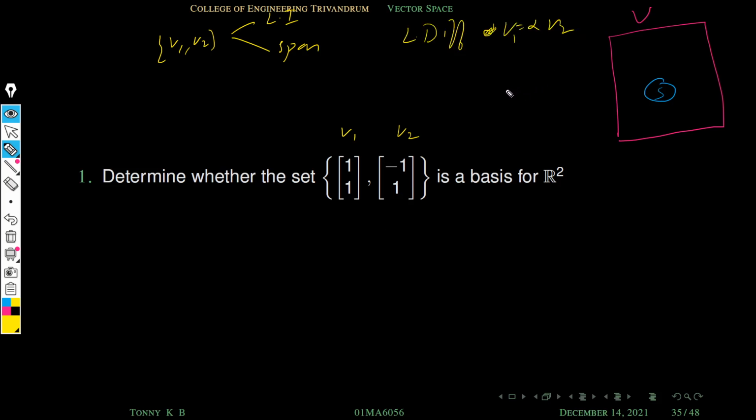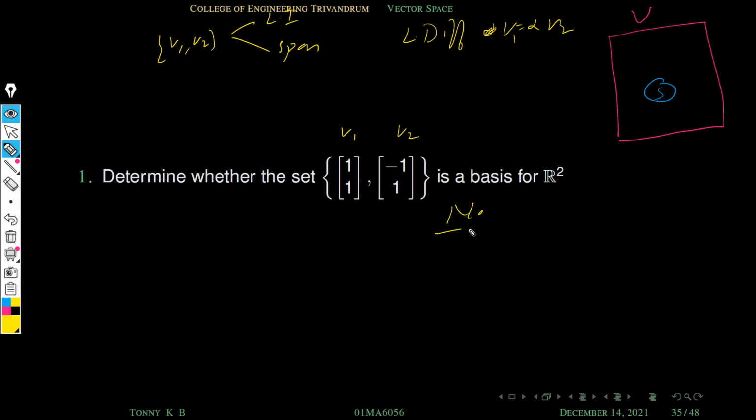This is a result from the previous session. So you simply check whether one of them is a multiple of the other, V1 equal to some scalar alpha times V2. If this is true, then it is dependent, and if it is not dependent, then it is independent. What about these two vectors? Is one of them a multiple of the other?